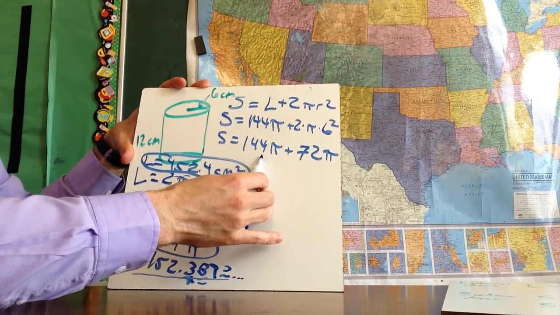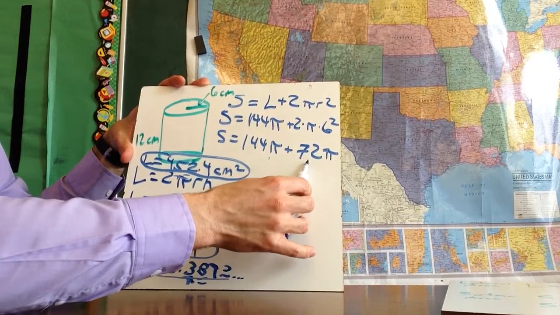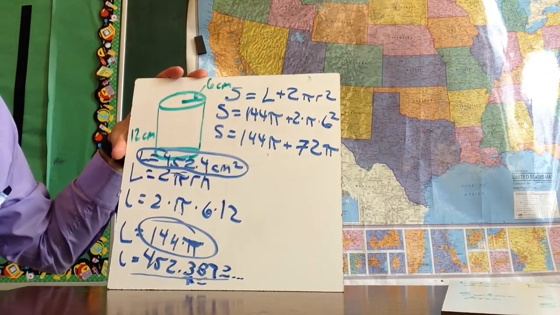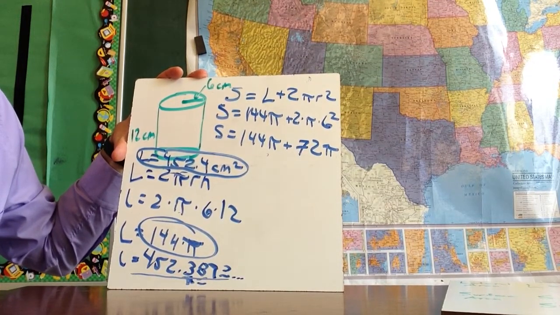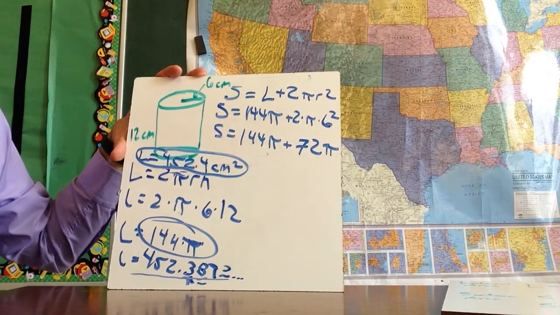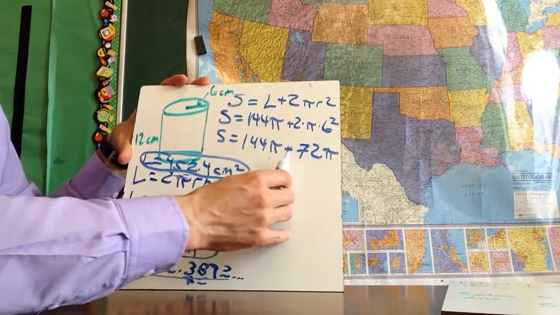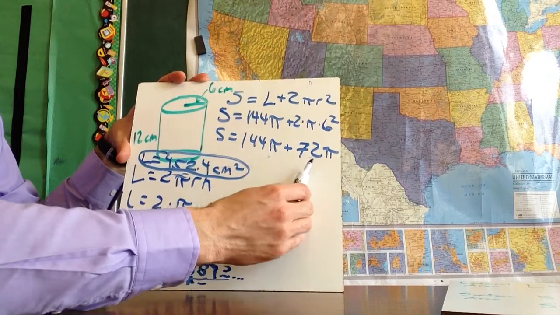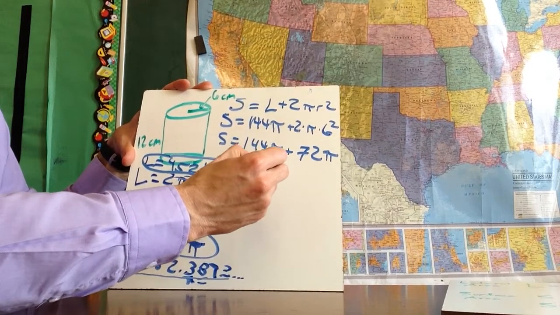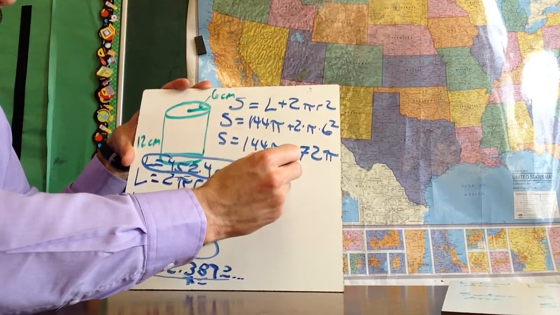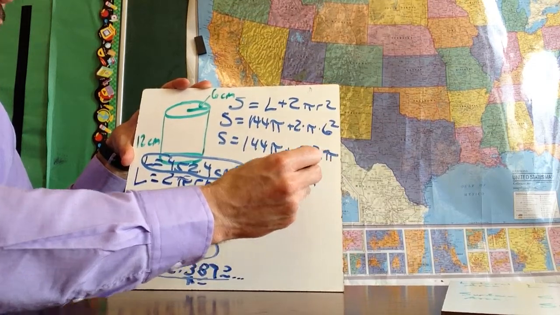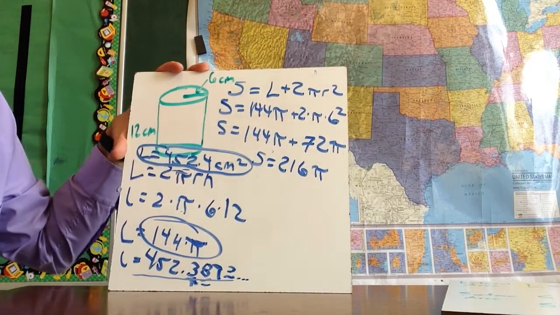Now, some people will go 144 times pi, hit equals, go 72 times pi, hit equals, add them together. It's actually going to be more precise if I pretend that pi is like an x, and so 144x plus 72x means that I would have 216x, and then instead of x, I'm just going to say pi. So I got 216 pi.